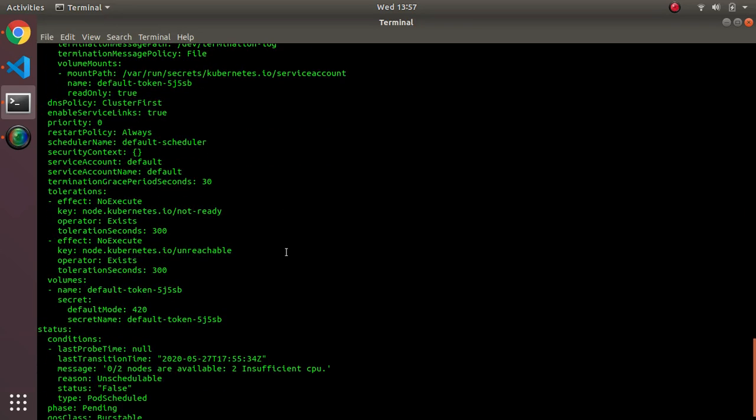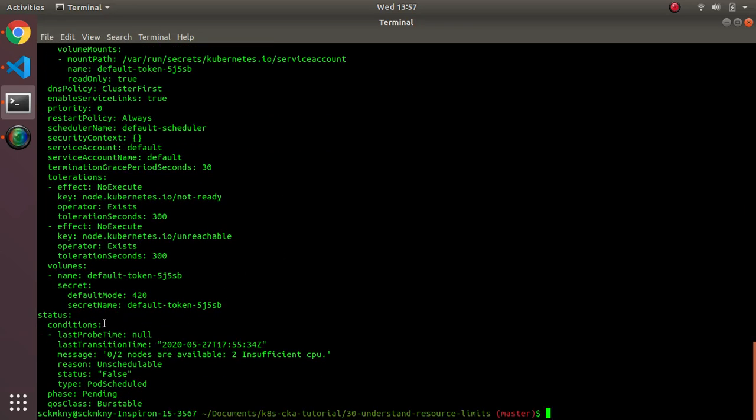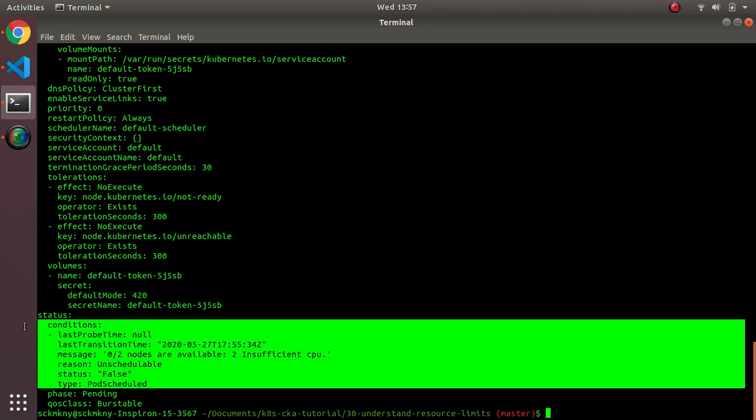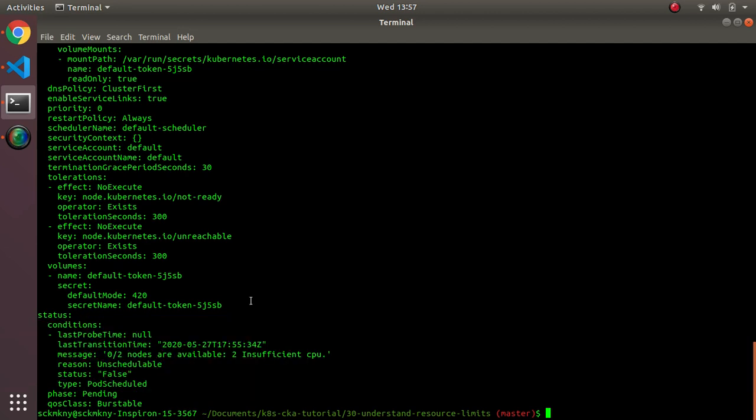The status. Yeah, unschedulable. In this condition you get more information here, right? Insufficient CPU. Right, okay. So long story short, this will never actually run in this environment. So let me get rid of it.